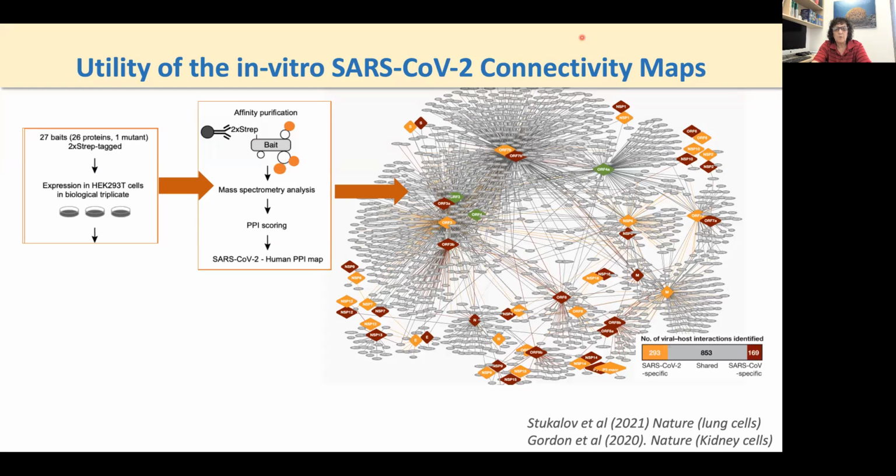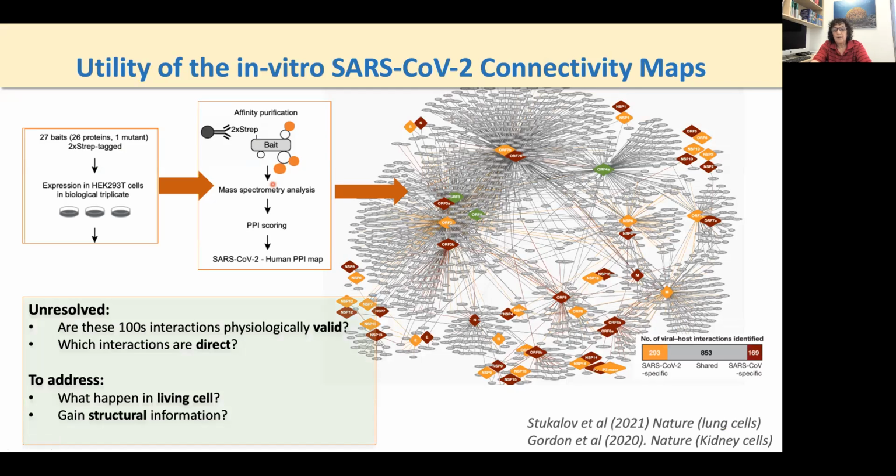So as of now, we know that there is a huge network of interactions once viruses are introduced into a cell, as illustrated here. And this is just a result of two seminal papers from last year from mass spectrometry analysis of affinity purified proteins.